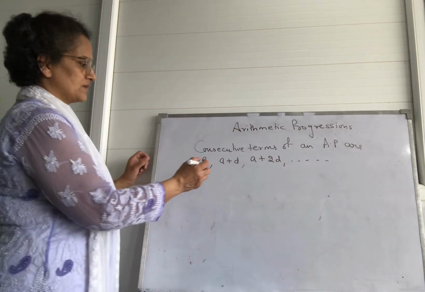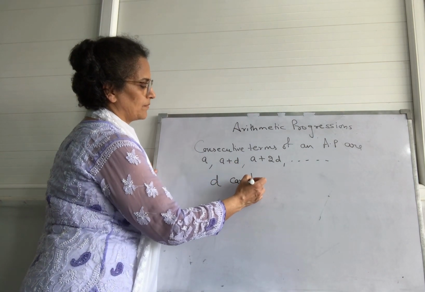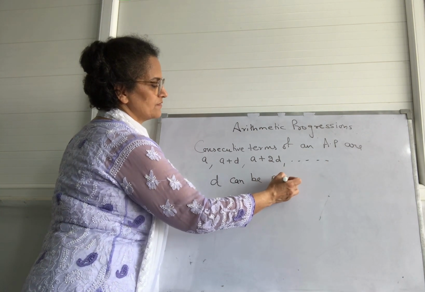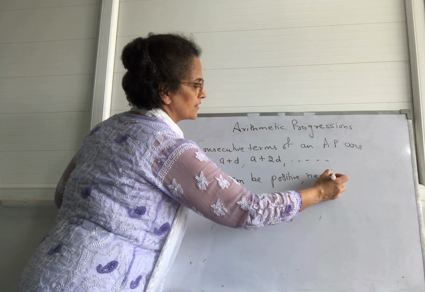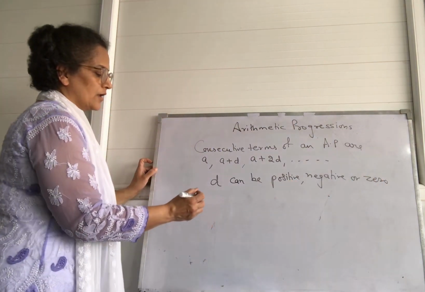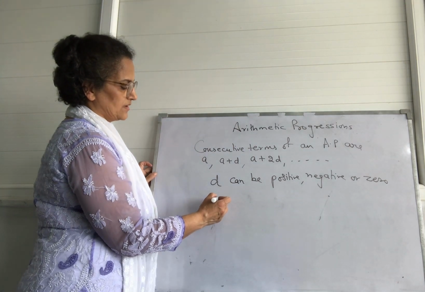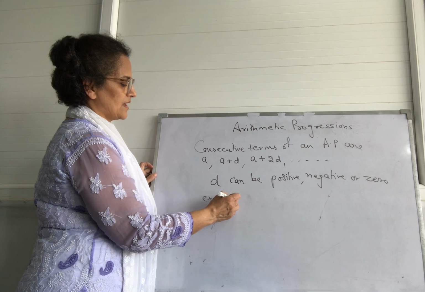Now in this, D can be positive, negative, or 0. Now let me take example 1.